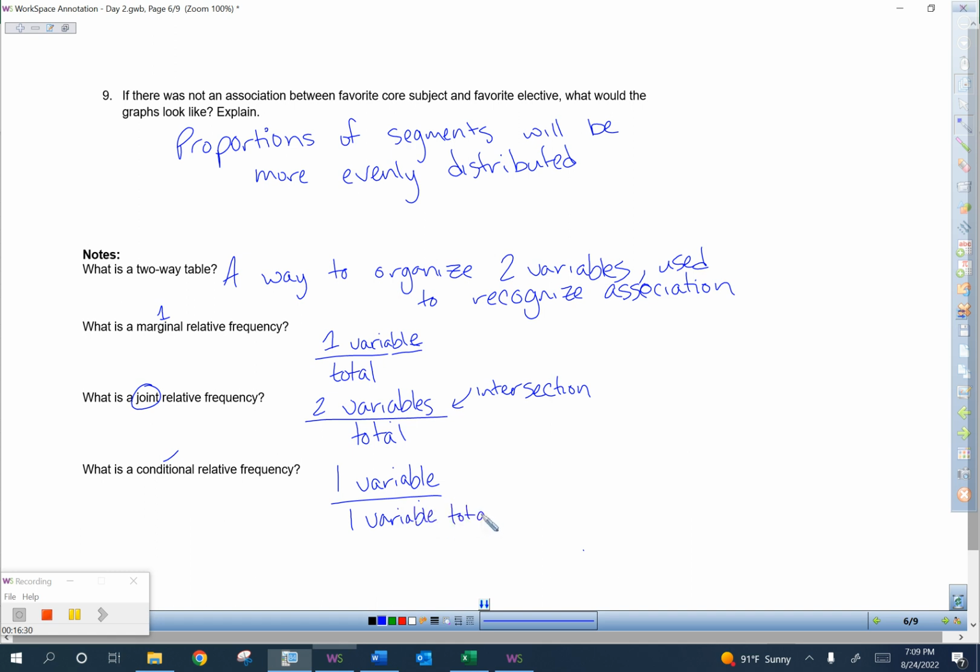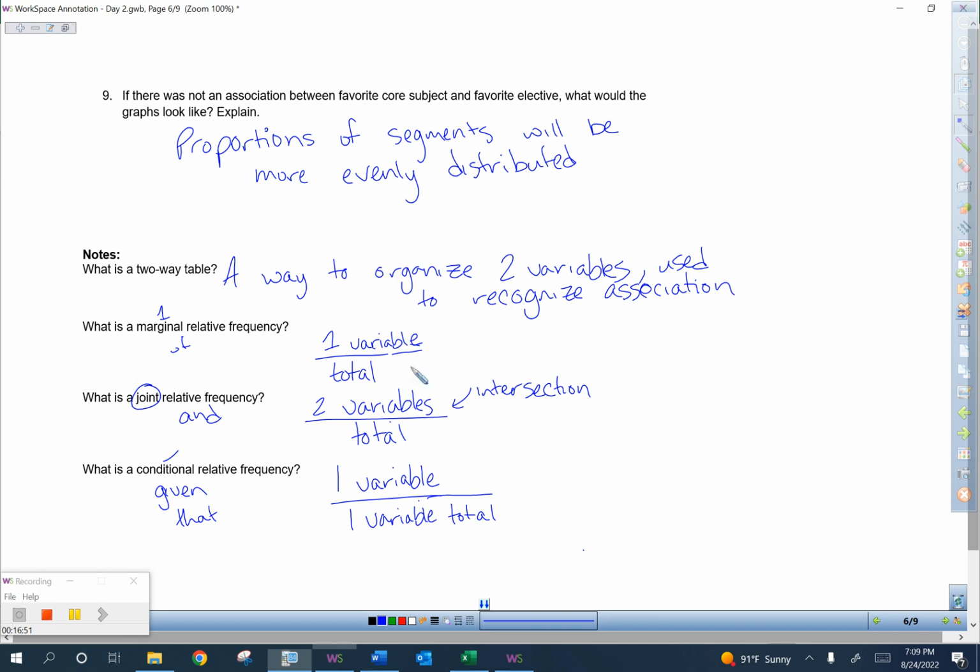Total. Okay, so this one, conditional, you're going to say given, or you're going to see that. Joint, you're going to see and, and this one, really, you're just going to see a regular of. All of these have of, but the top one is more straightforward than any of the others.